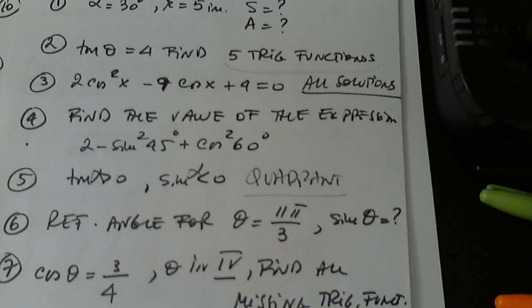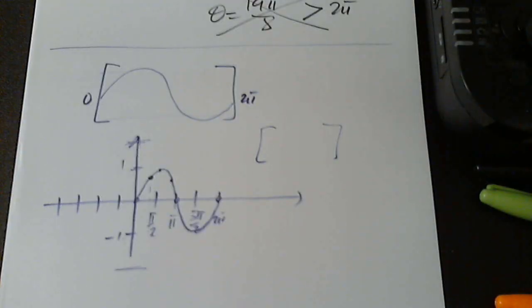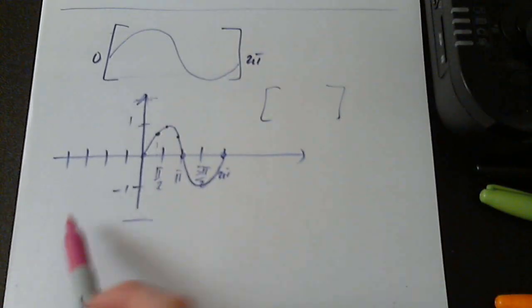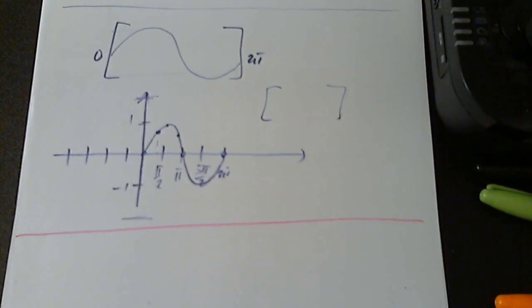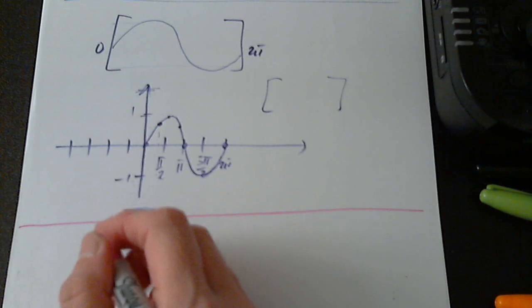Can you go back to number 4? Number 4, the value of the expression. Yes, please. Very good. Okay, so let's take a look. We can make one up, or you can give me one. You can make one up. I don't have examples right now.